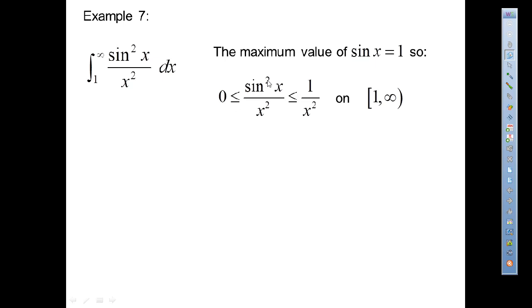So we know that sine squared x over x squared is going to be between 0 and 1 over x squared. Now, here's a question. I want you to think about this, but I'm going to give you the answer right after it. Why do we not have to worry about sine x being a low value of -1? Well, we don't because we're squaring it. So regardless of what it is, once we square it, it's going to be positive.